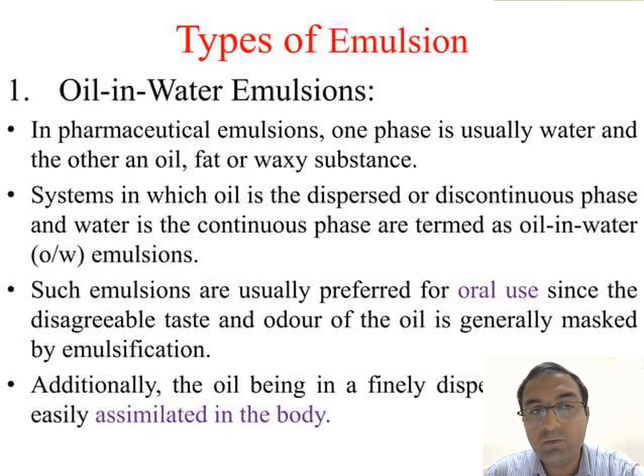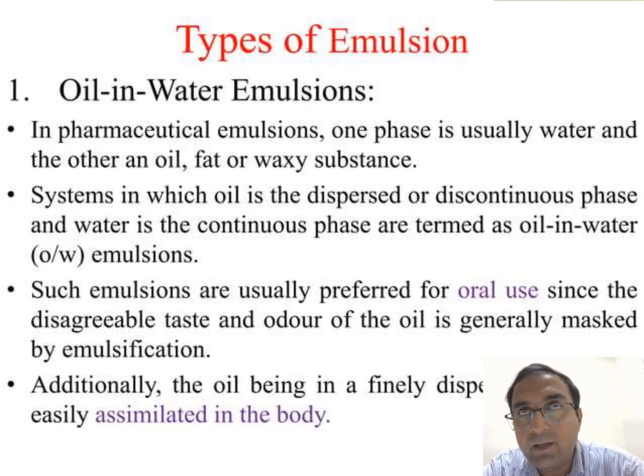So let's talk about oil in water emulsion. In a pharmaceutical emulsion, one phase is usually water and another is oil. Oil may be substituted by fat or waxy substances. The system in which oil is the dispersed or discontinuous phase and water is the continuous phase is termed oil in water emulsion.